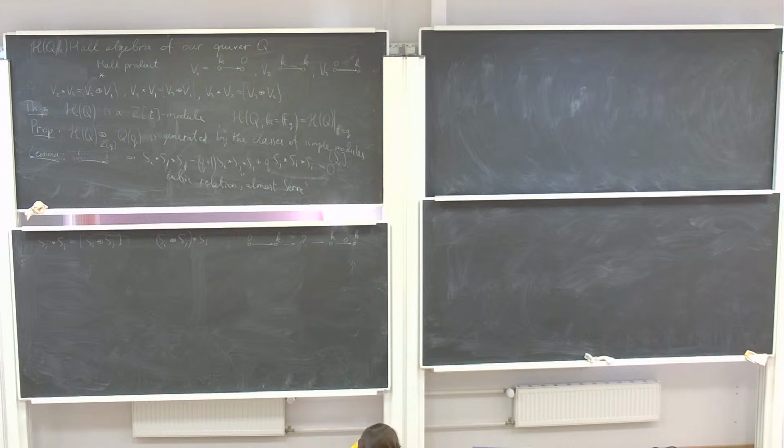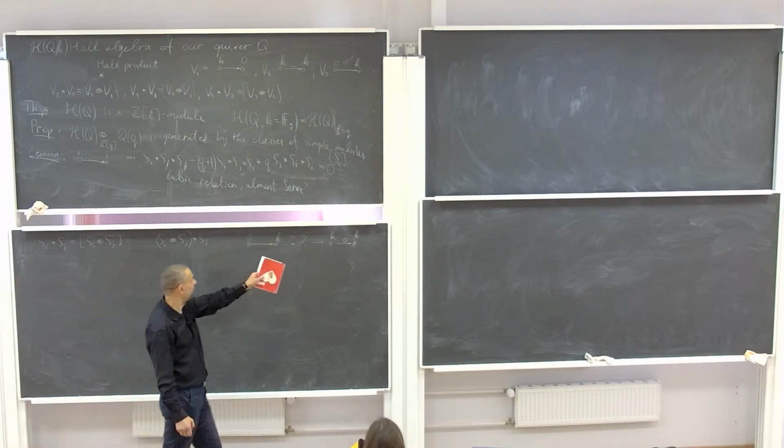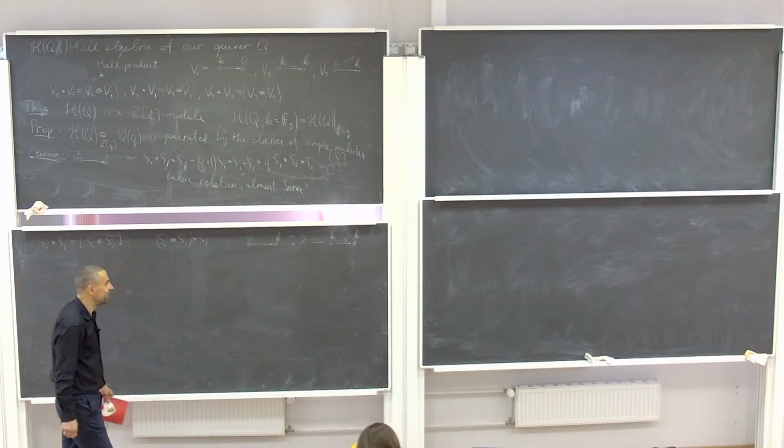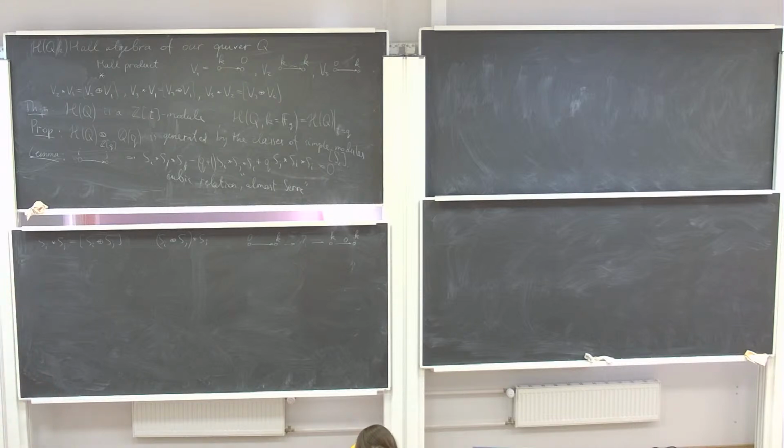So the question is, what can possibly occur here, and then what are the possible coefficients?